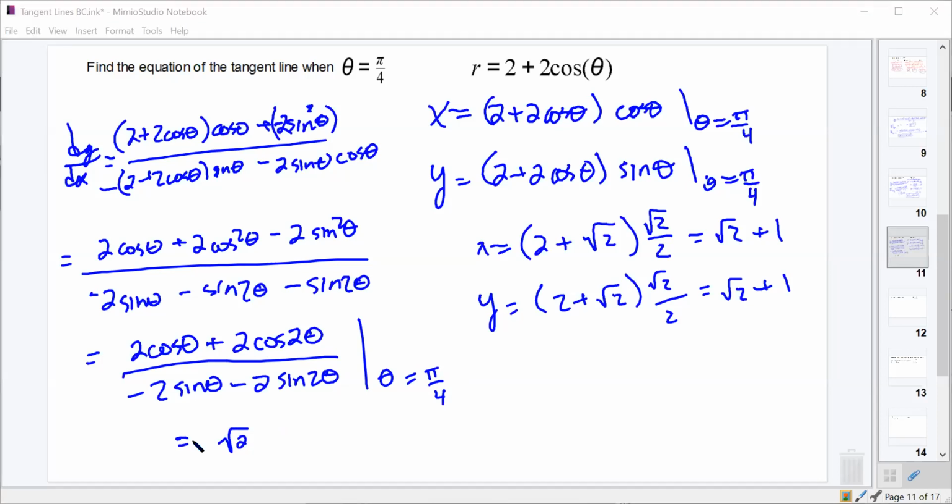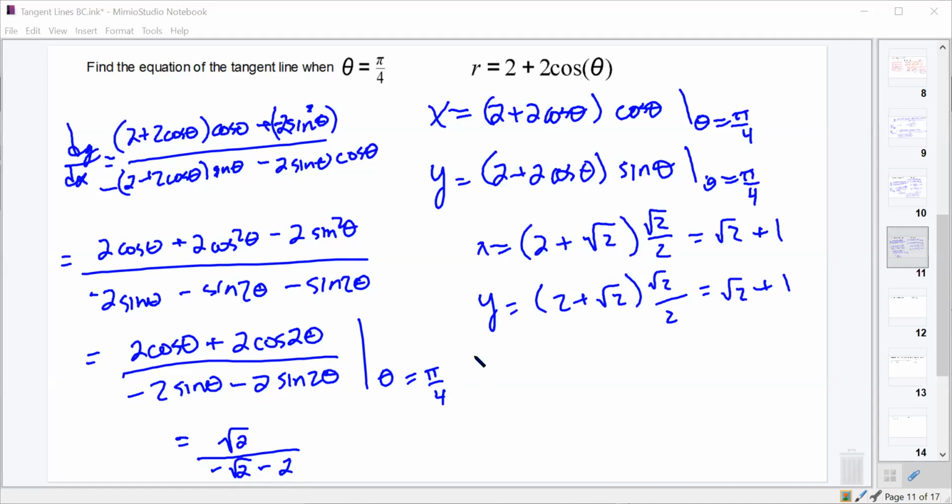And then in the denominator there, we're going to have negative 2 sine of pi over 4, so negative 2 root 2 over 2, or just negative root 2. And then the sine of pi over 2 is 1, so we got minus 2 times 1, minus 2. Is that what you guys got for your slope? Cool.